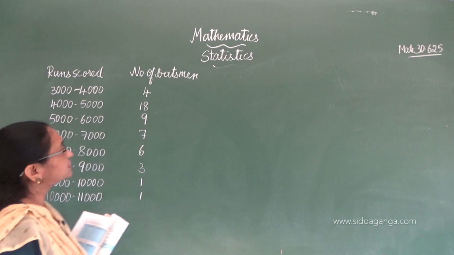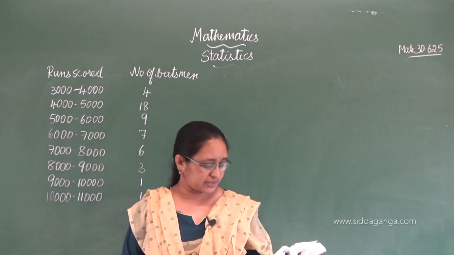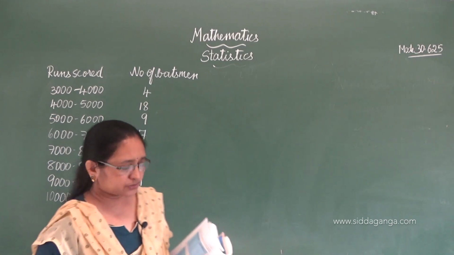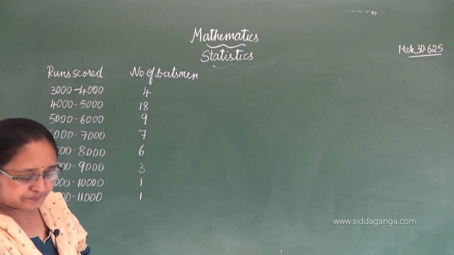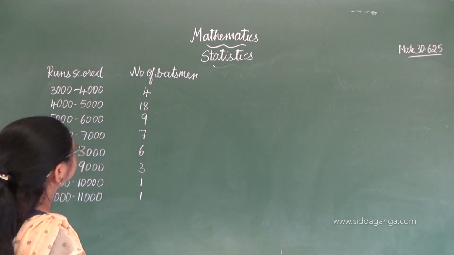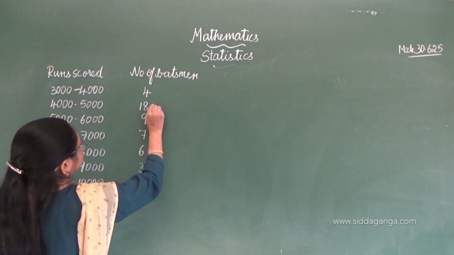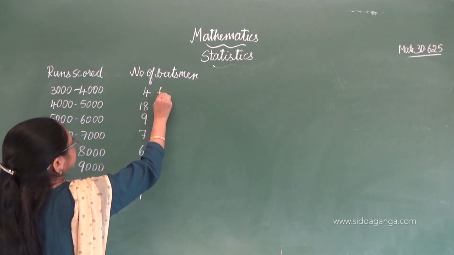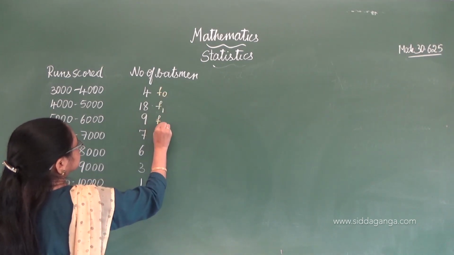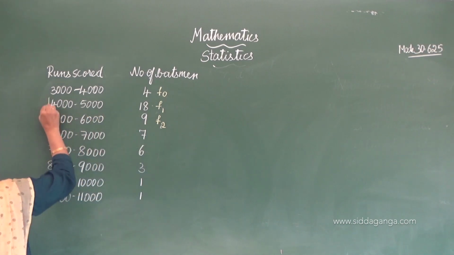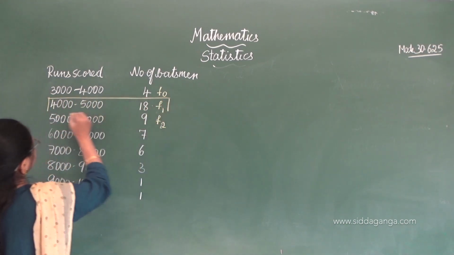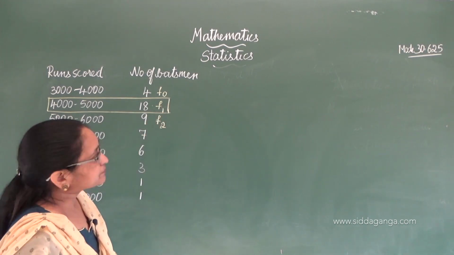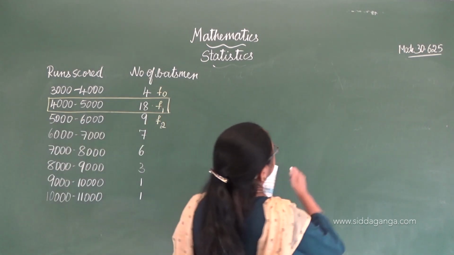Okay, you have to find the mode. So, find the mode of the data. Only the mode. So first let us see, the maximum frequency is 18. So this will be F1, this is F0 and this is F2. And the modal class is 4000 to 5000. Now let us write the formula.